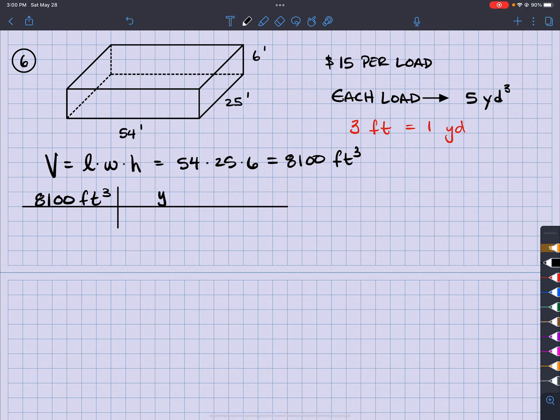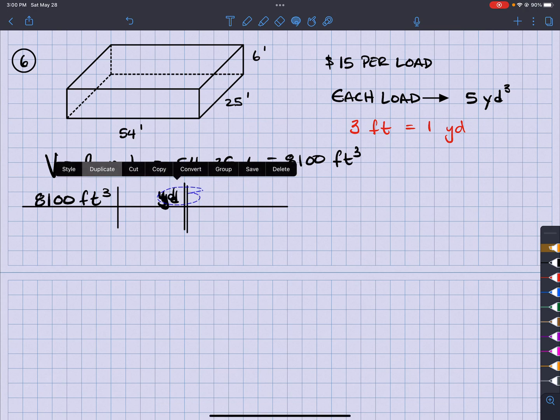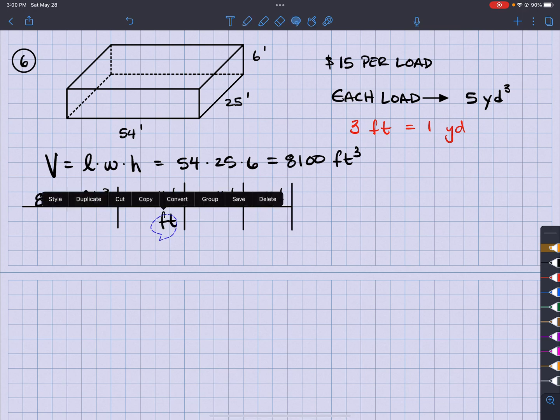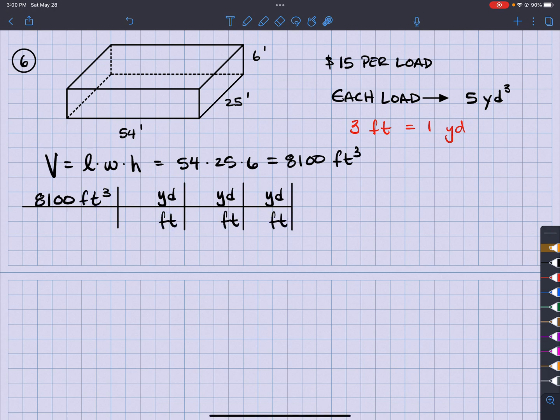So it'll be yards times yards times yards, which means that this right here needs to be a little bit longer. And what I have down here will be feet times feet times feet, right? Because my cubic feet would cancel out feet times feet times feet, because that would be the cubic feet.